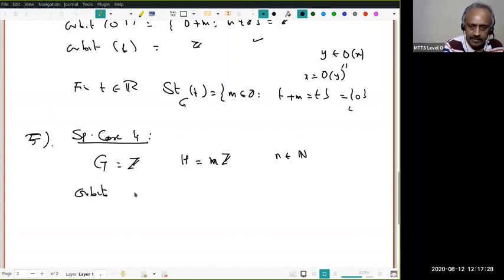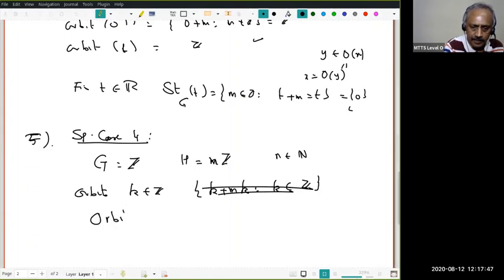Orbits are, fix a k in Z, orbits will be k plus mZ. Oh, sorry. So what you want is orbit of k. What is orbit of k? H is mZ, therefore mk.